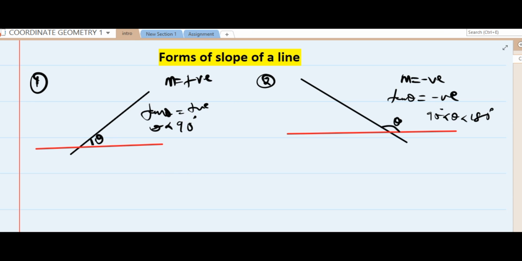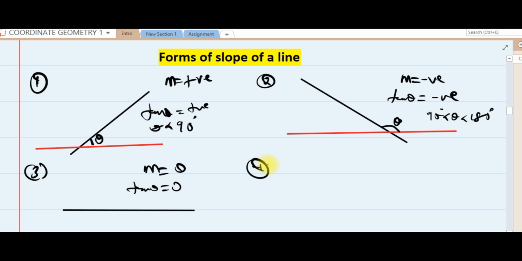And also the third one is the horizontal line. M is 0 for a horizontal line, because tan 0 is 0. So why for a vertical line?